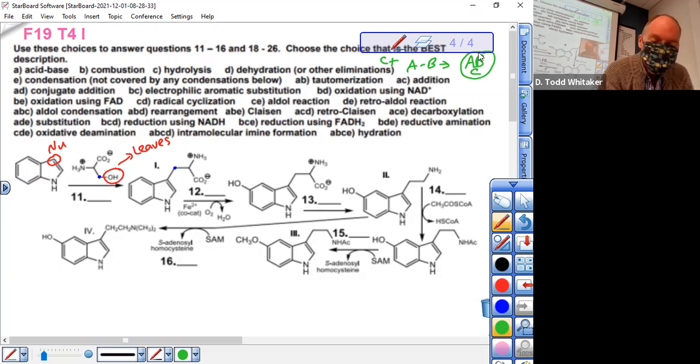We didn't have that. This got replaced, right? It got substituted. So it's a substitution reaction, and this is an aromatic ring. It's got the benzene, it's got the lone pair here, and we're putting a group on an aromatic ring. We call that electrophilic aromatic substitution, BC. That's our best choice.